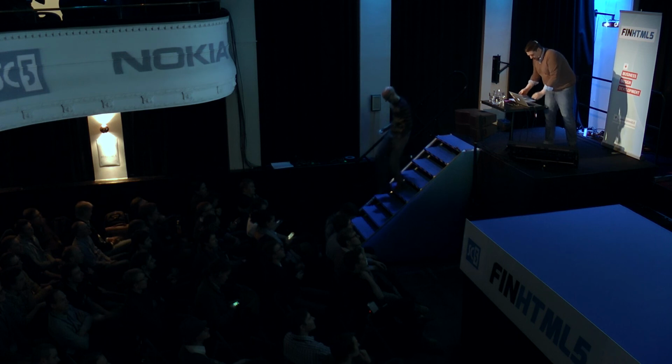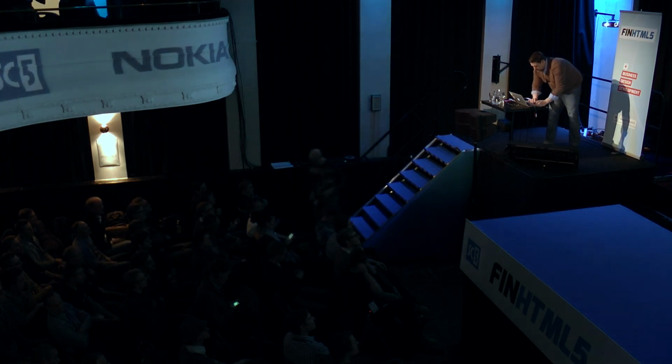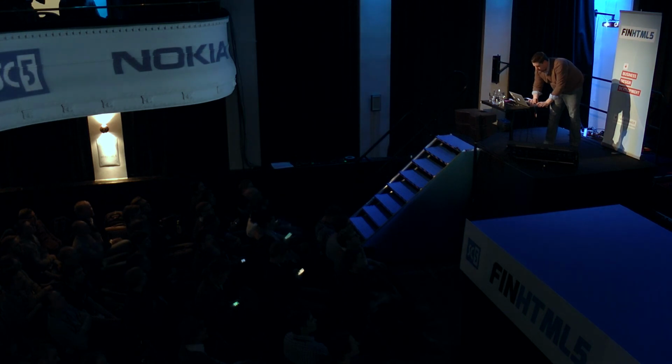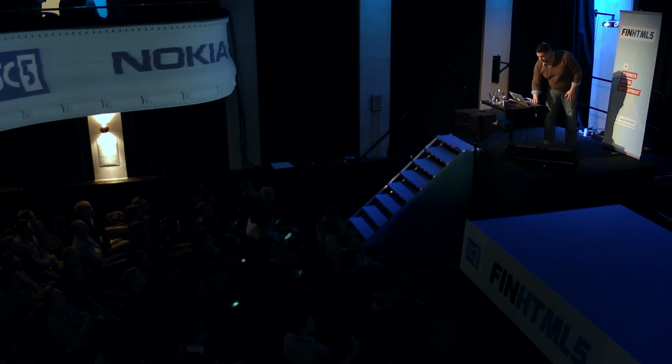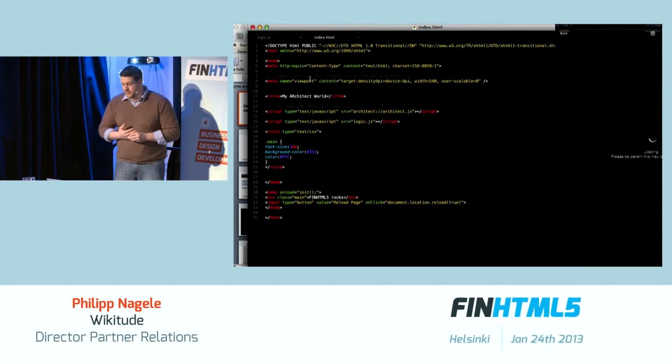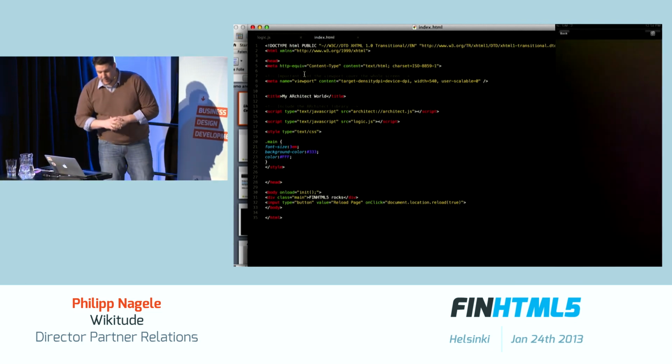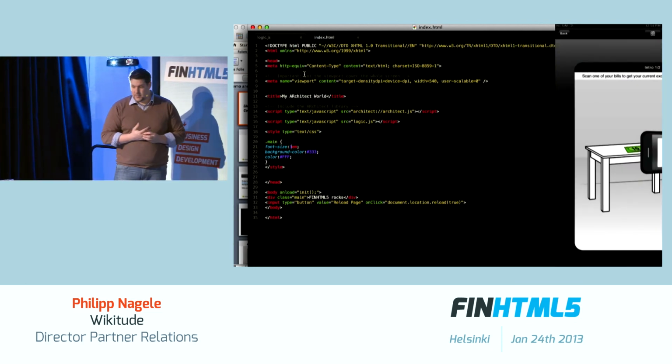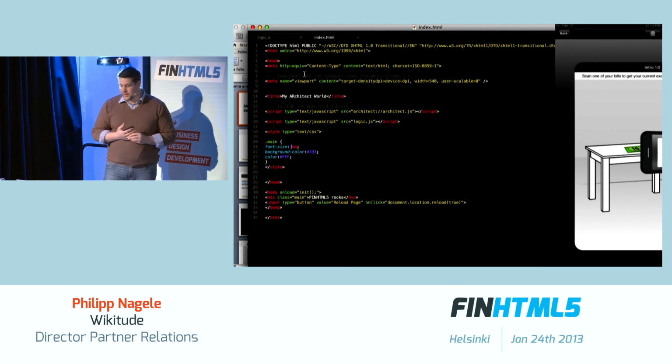And as I promised, I'll give you a short look at the code necessary for the Coke advertisement. And it basically consists only of two files. One is the index HTML, a very simple, very basic HTML file, which is loading a JavaScript file.